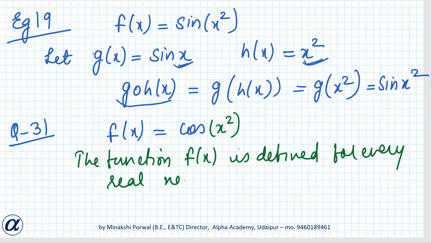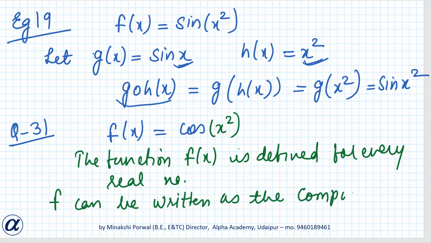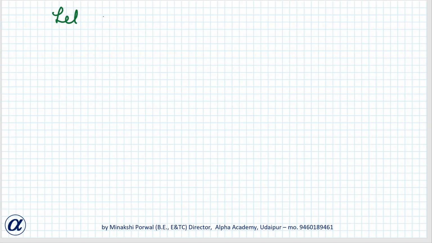Then f can be written as the composition of two functions. Let g(x) equals cos x and h(x) equals x square.